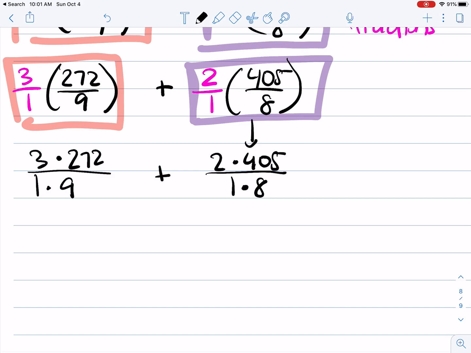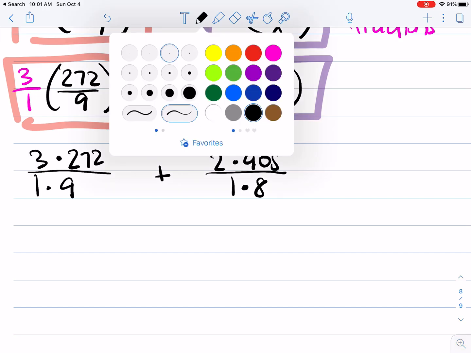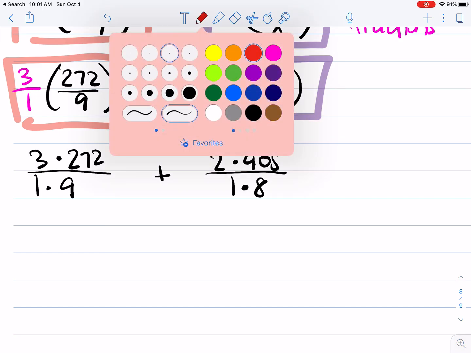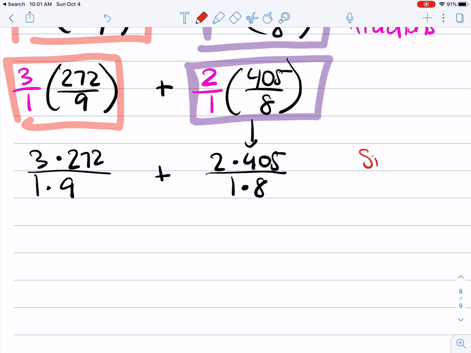Okay, 3 times 272. We're going to get a pretty big number here. But if we do some simplifying before we even start, we're going to divide this by 3. This is going to turn into 1, and this is going to turn into 3.